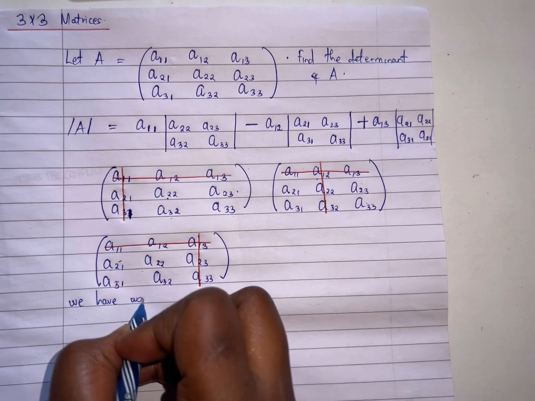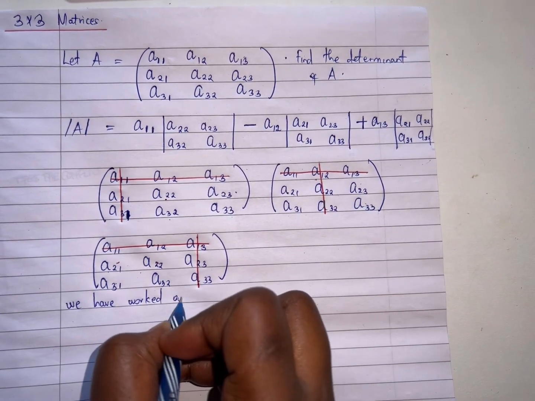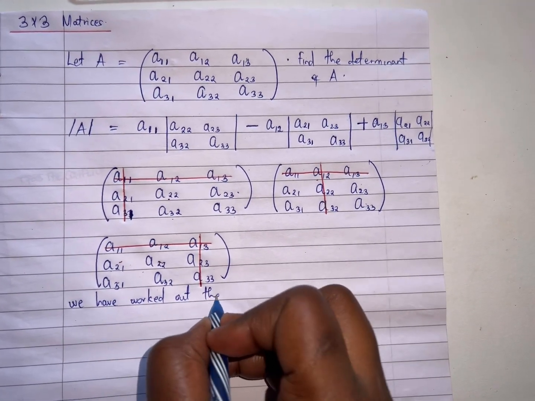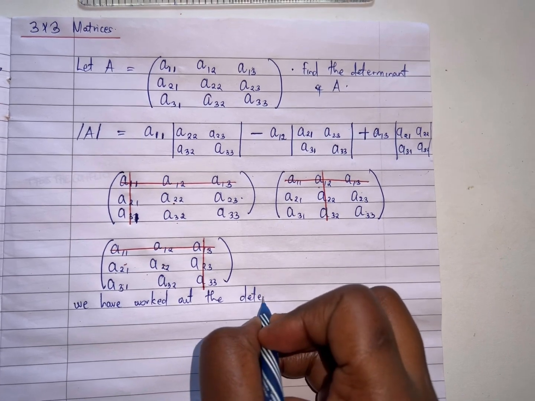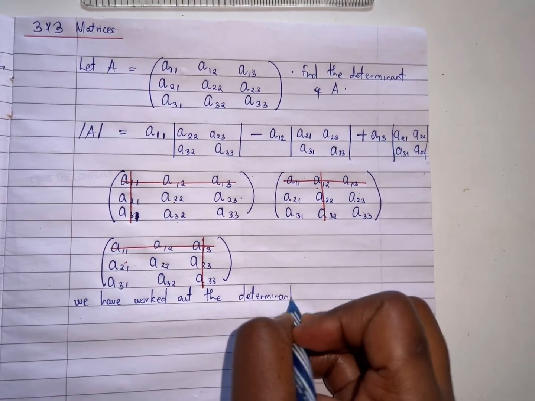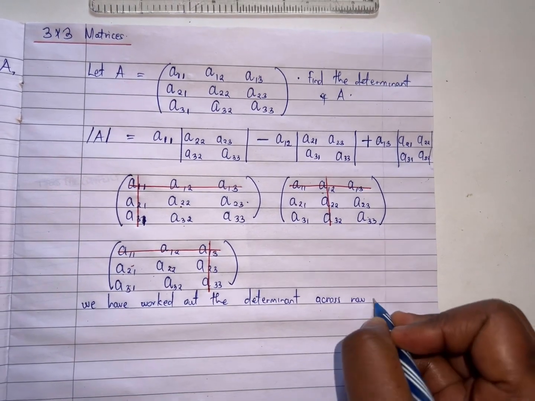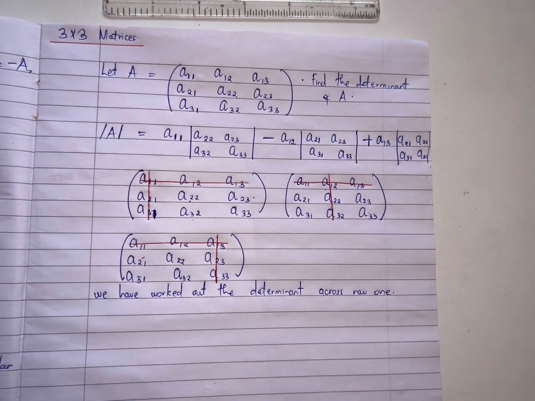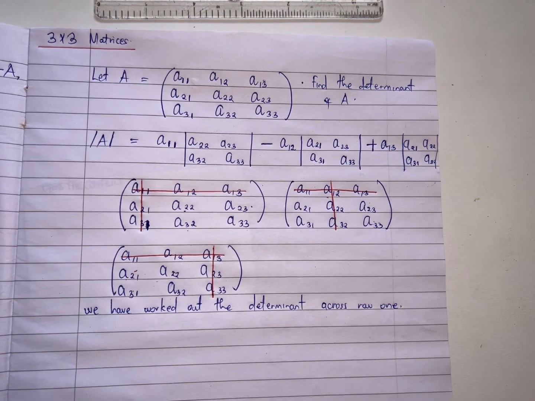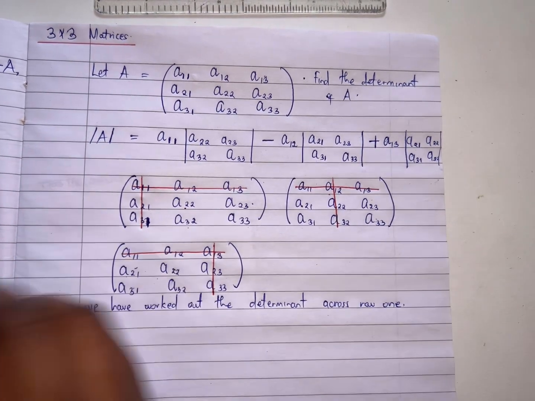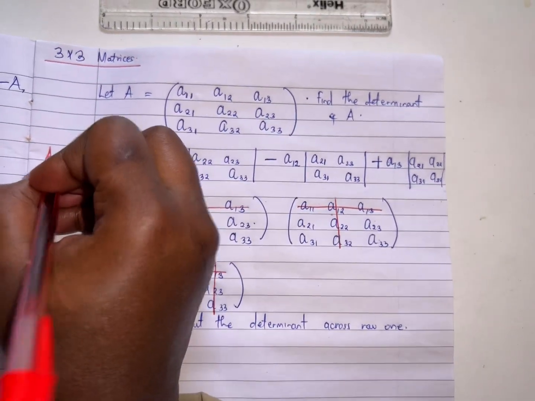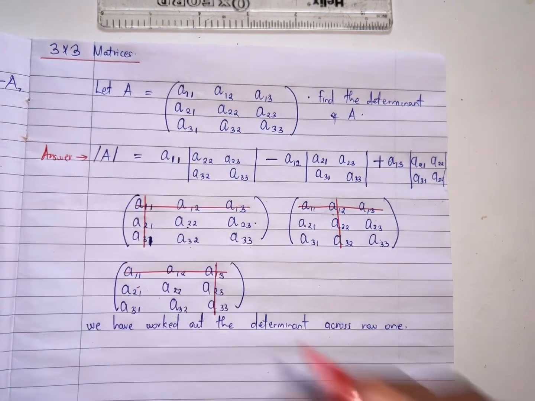So we have worked out the determinant across row 1, and that stands as the determinant of A. We've worked out the determinant of A11, A12, A13. So that is the formula, and that is our answer.